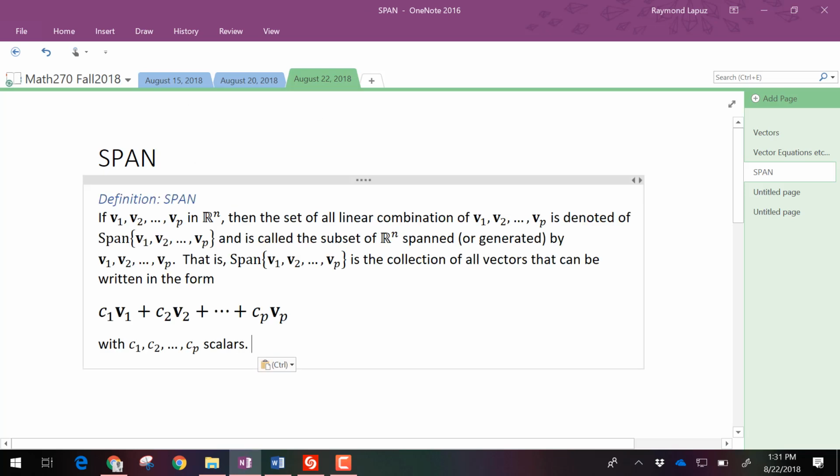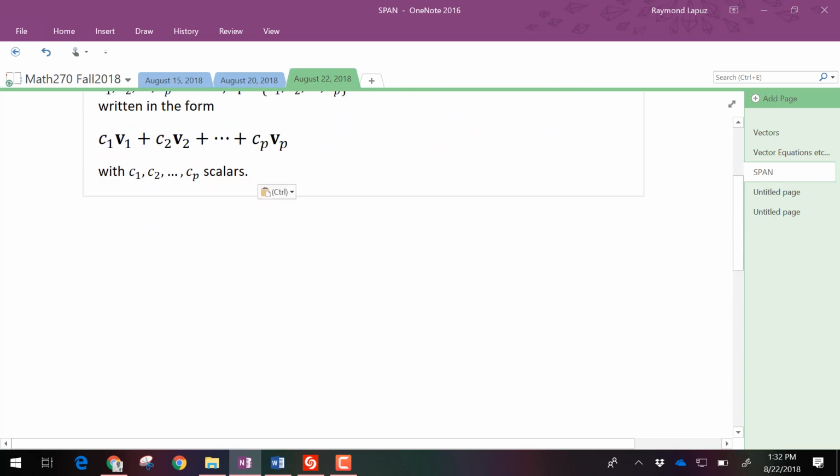All right. Let's take some examples. For the sake of simplicity, let's stay in R2.